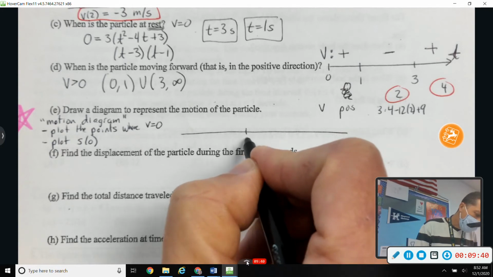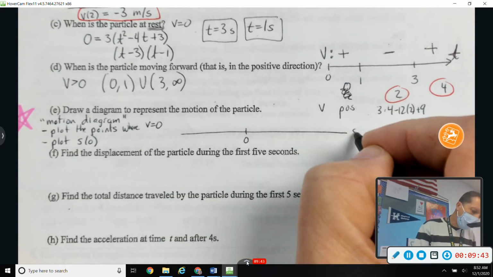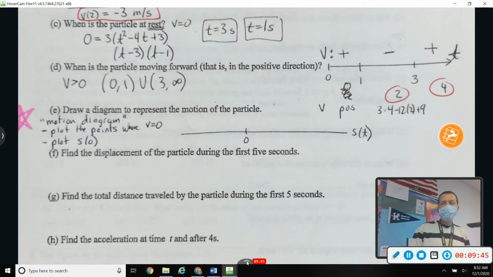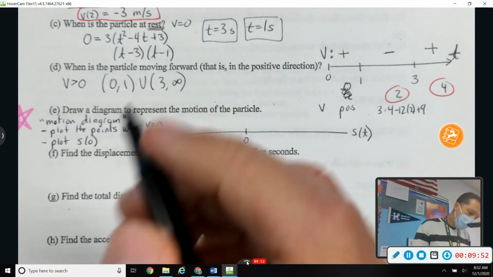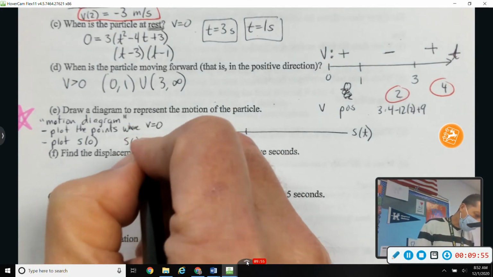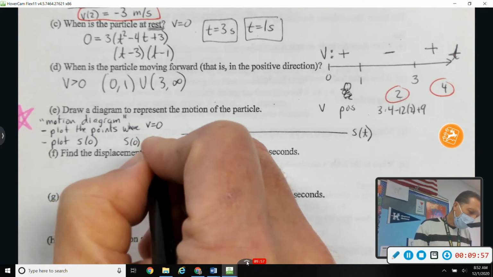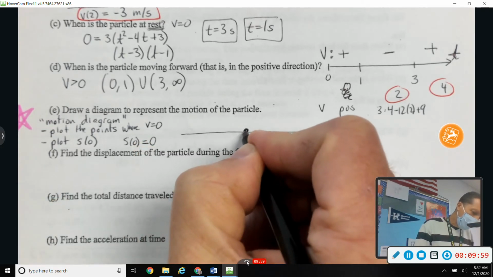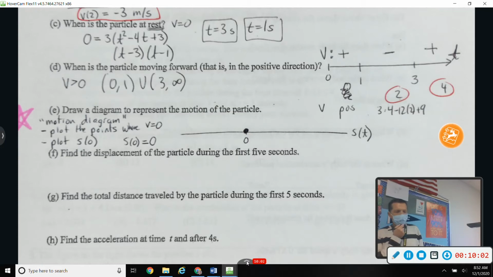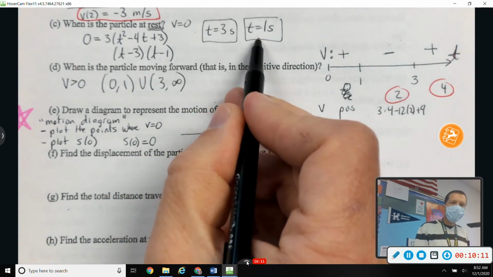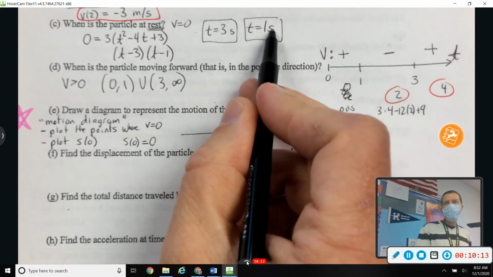So here's a number line, but this number line isn't a number line of time, it's a number line of position, because we want to get a visual of what this particle is doing. So for this one, when time is 0, our particle's at 0. So we happen to start at 0. It changes directions, or it's at rest at 1 and 3.